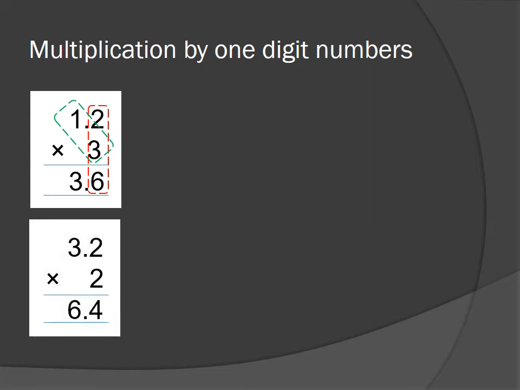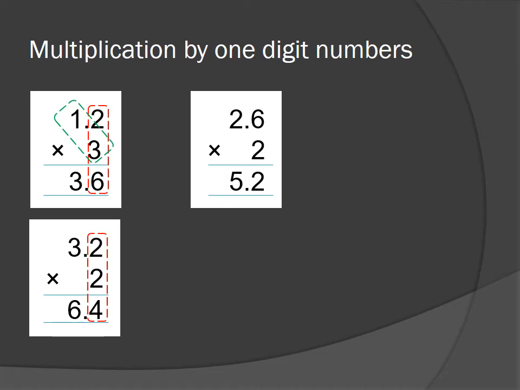Next question. 3.2 times 2. First you want to multiply 2 by 2. 2 times 2 is equal to 4. Then you can multiply 3 and 2. 2 times 3 is equal to 6.